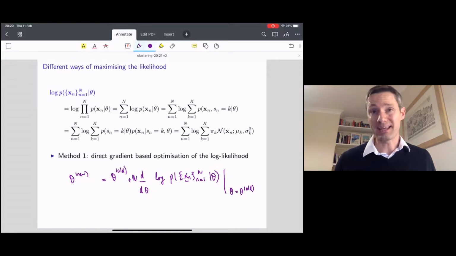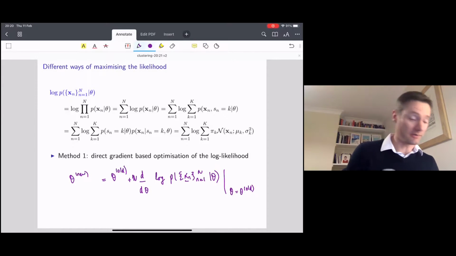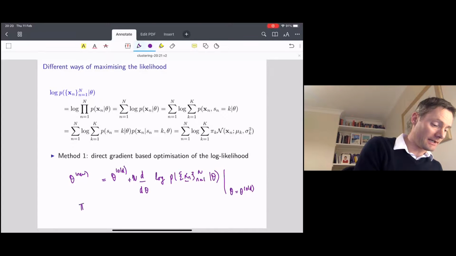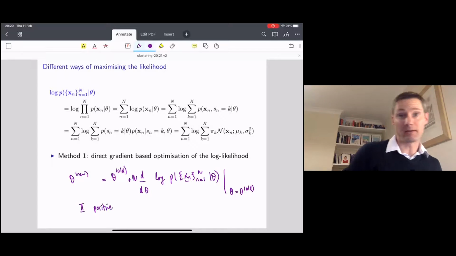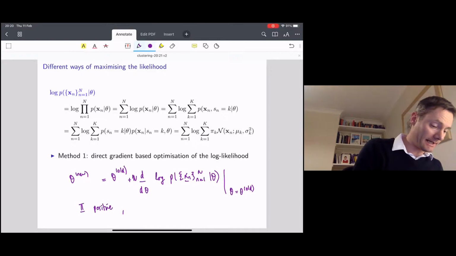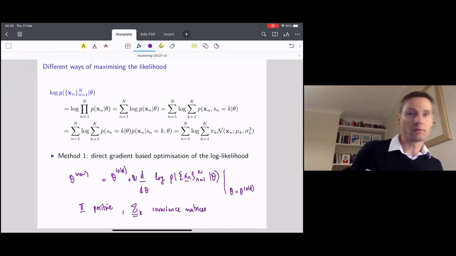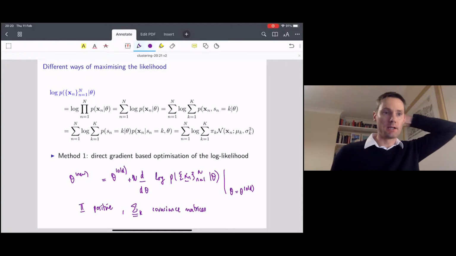We'd have to be a little bit careful as we did this, because notice that the pi k's have to be positive, and they have to be between 0 and 1, and the covariance matrices have to be valid covariance matrices. So they have constraints in them. Their eigenvalues have to be non-negative, things like that.